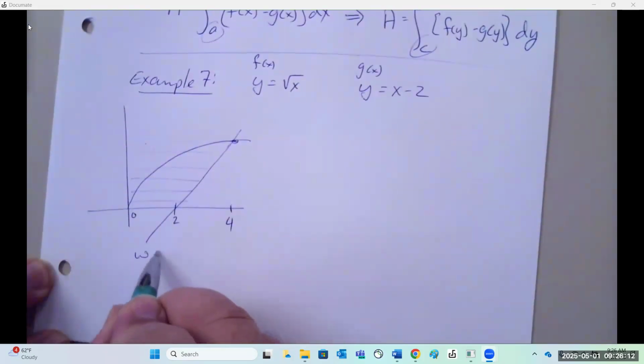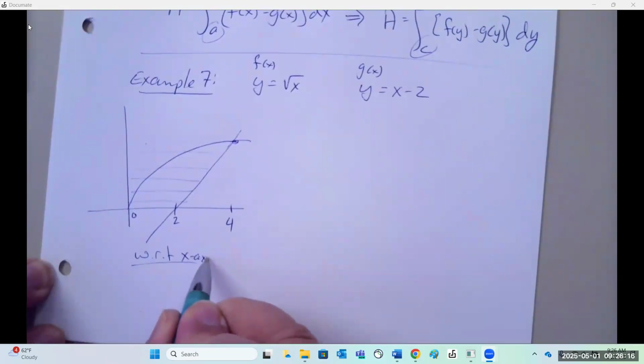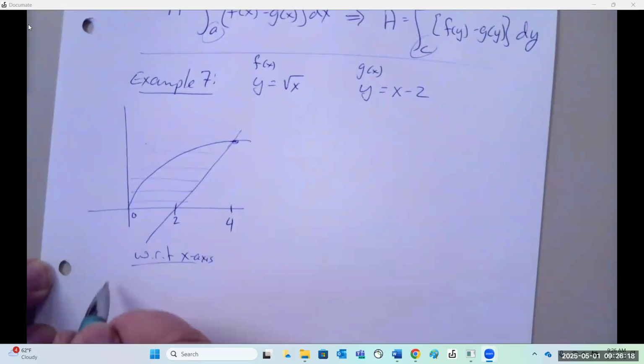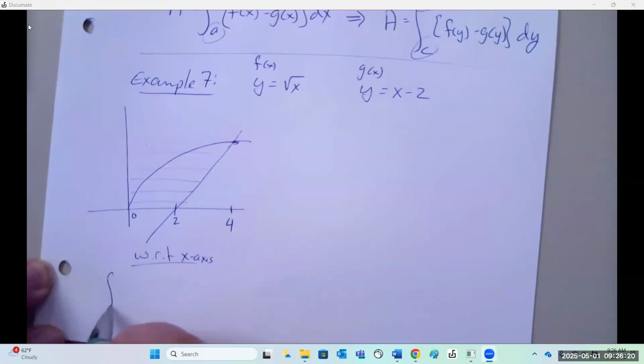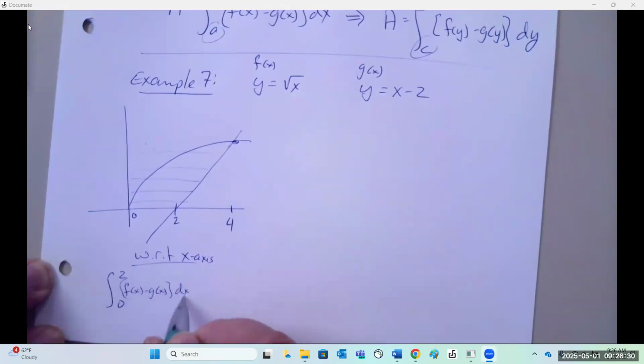So with respect to the x-axis, we had the integral from 0 to 2 of f of x minus g of x. Then we added the integral from 2 to 4 of f of x minus g of x.